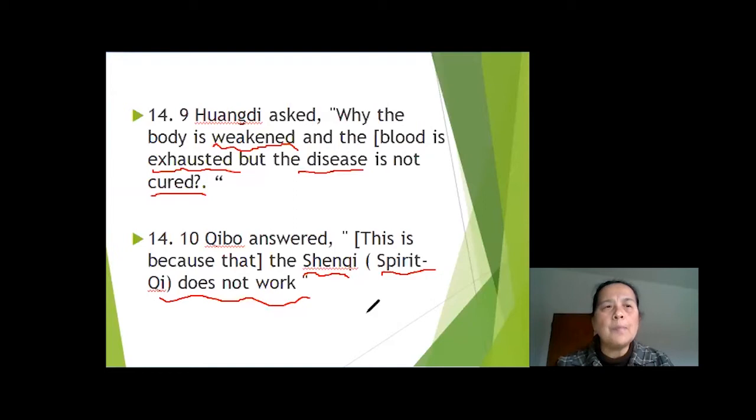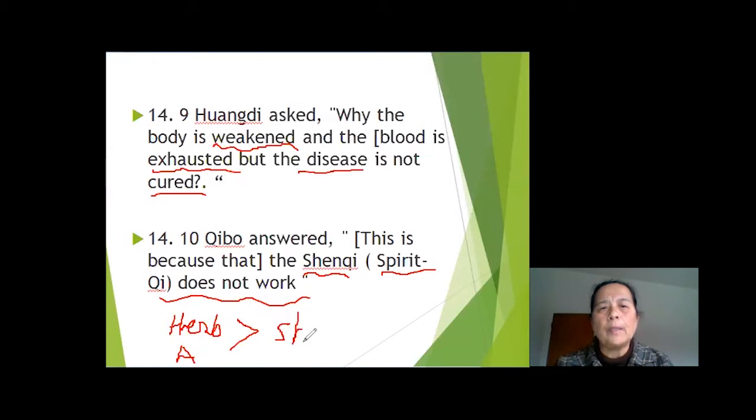So in this page, we can know, for whatever we treat for the patients, maybe herbs, maybe acupuncture, the important part is whether the patient's spirit, or shen, is still in there.